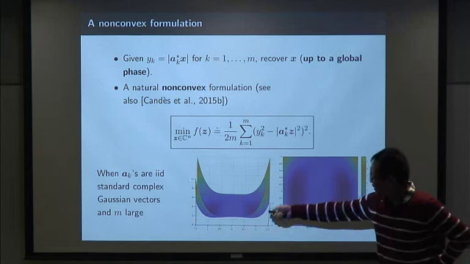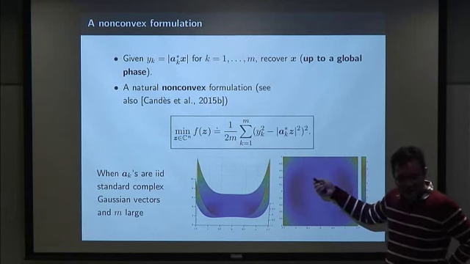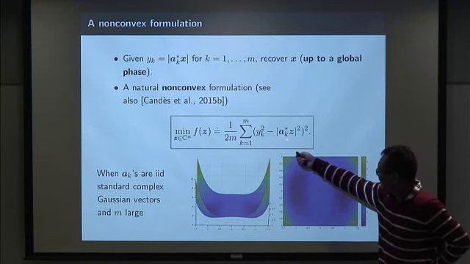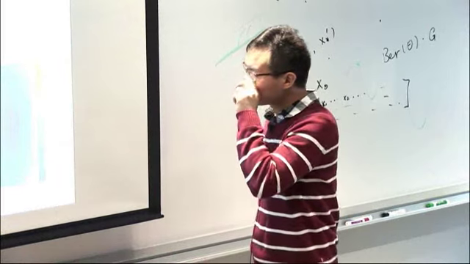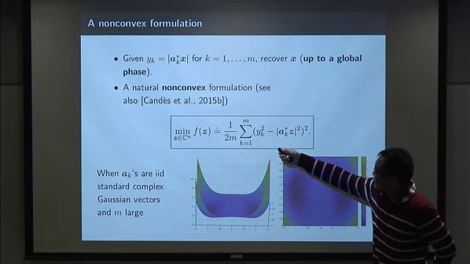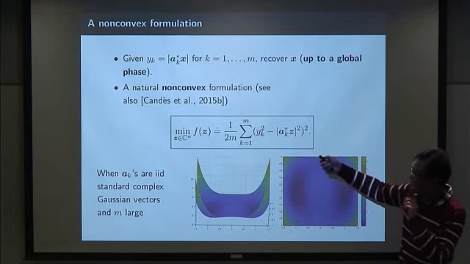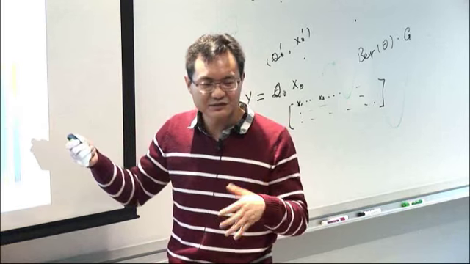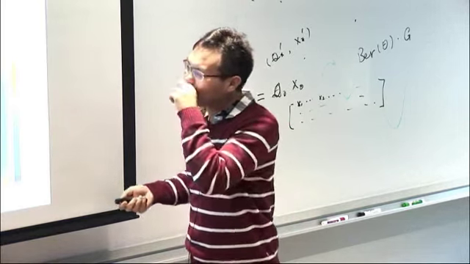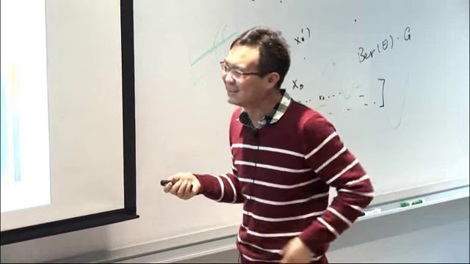So in this plotting, we assume the measurement vectors are Gaussian vectors. Okay, they are Gaussian vectors. And we assume the ground truth signal is just real. Remember, what we care about is actually complex signals, but here, let's just assume it's real. And we assume it's two-dimensional, so that we can plot something.